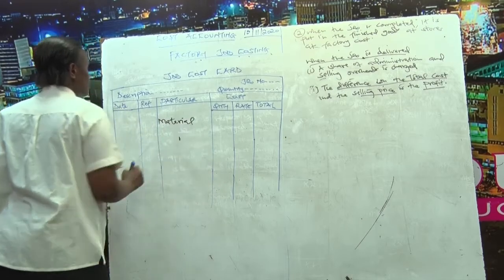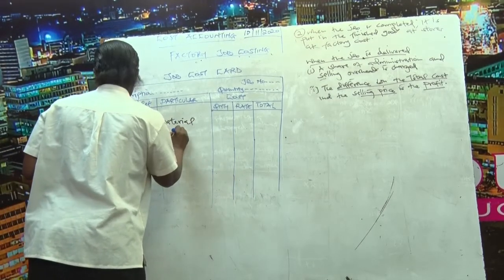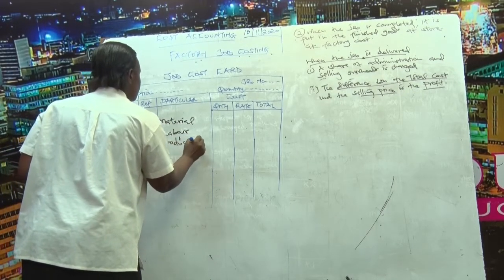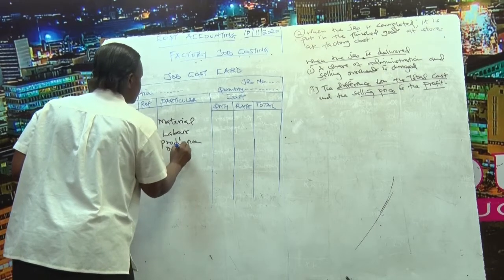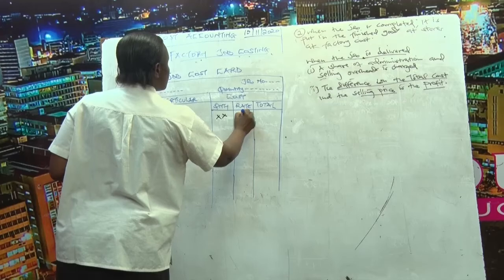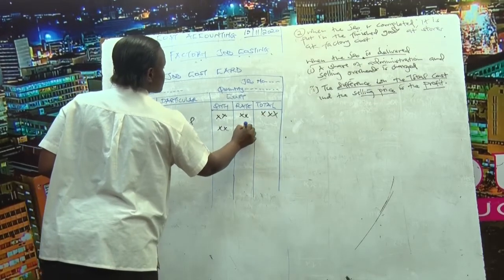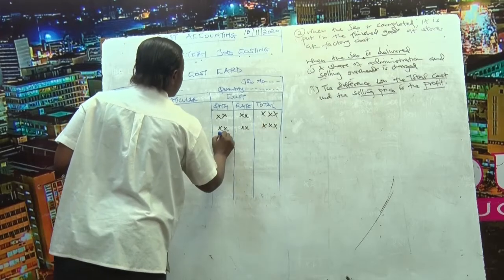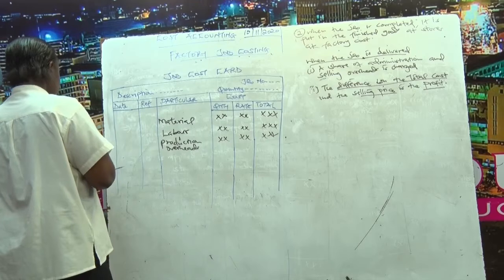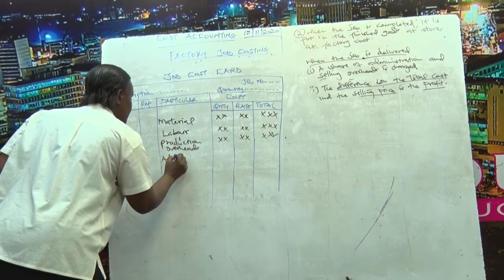So we start with the direct materials, the direct labor, and the production overheads. You write the quantity, you write the rate, and the total. Then we have administration and selling overheads.